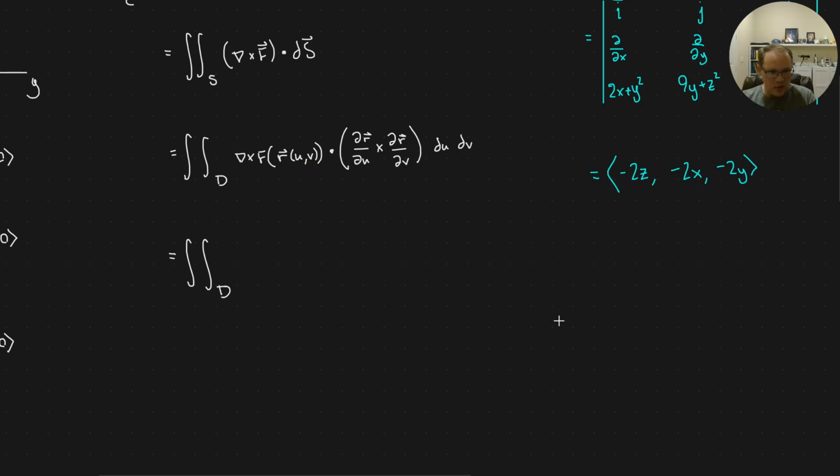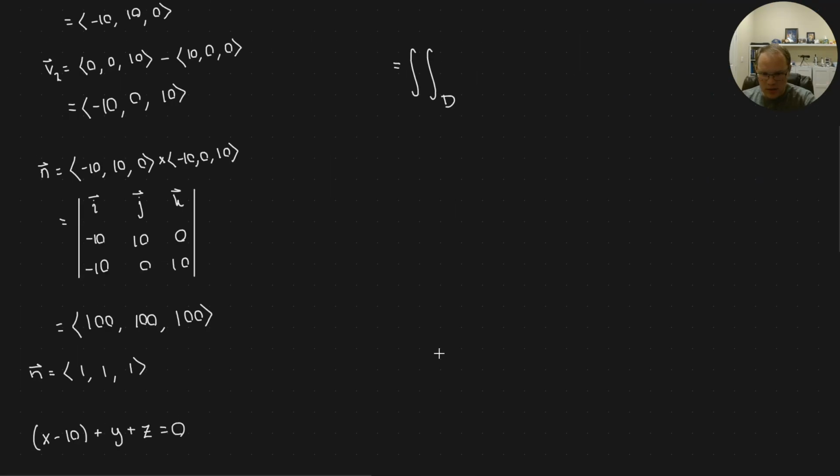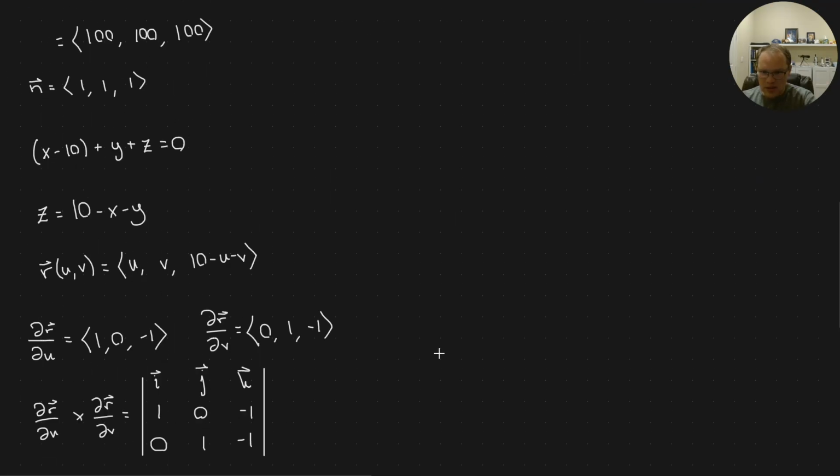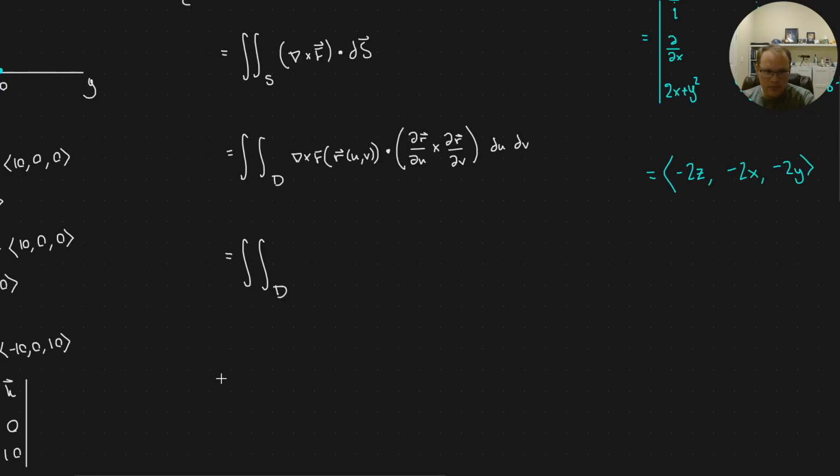Negative 2z, negative 2x, negative 2y. Into z, I plug in 10 minus u minus v. X is u, y is v. Negative 2z is going to be negative 2 times 10 minus u minus v. Negative 2x is negative 2u. Negative 2y is negative 2v.